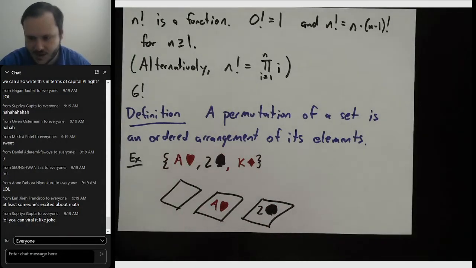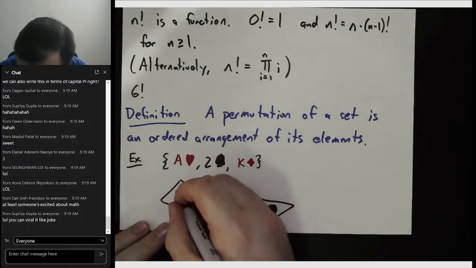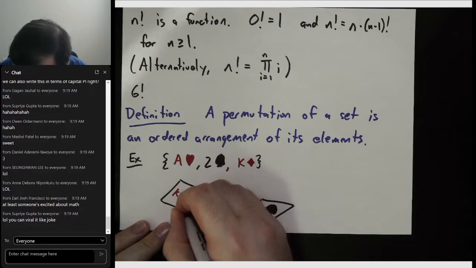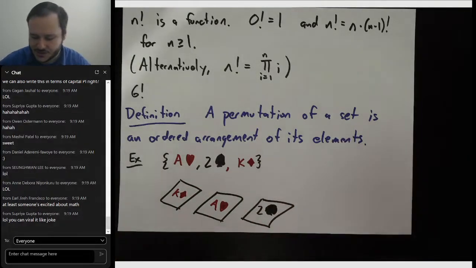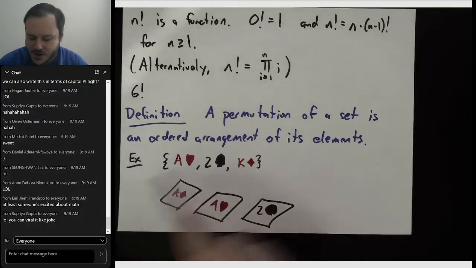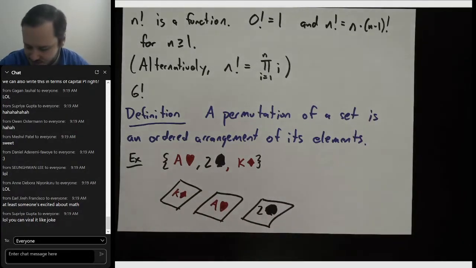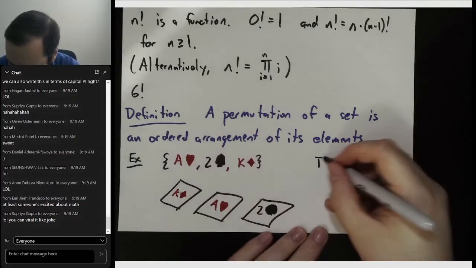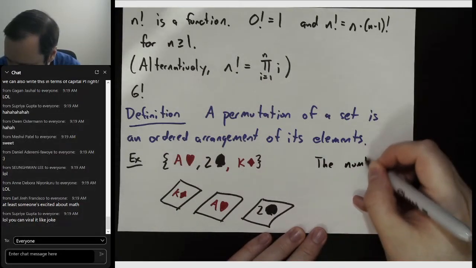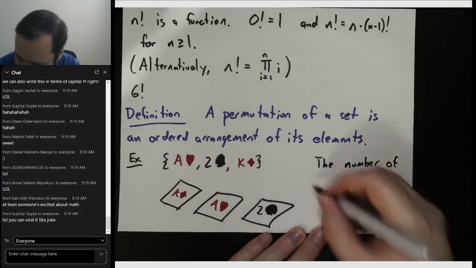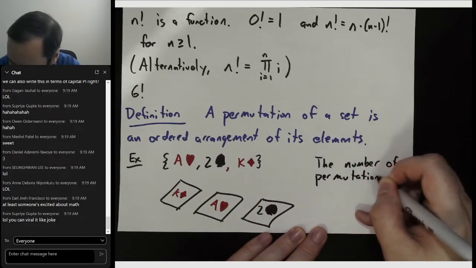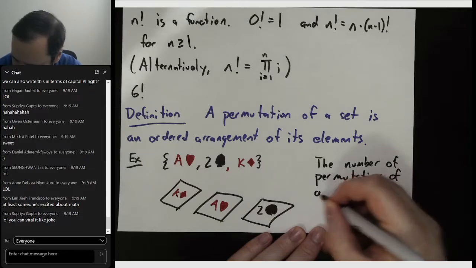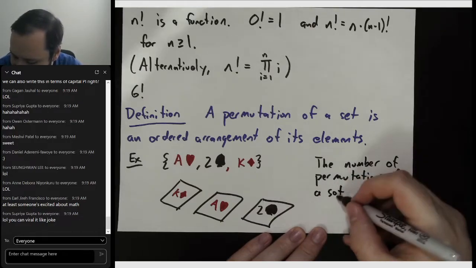King of Diamonds on top. Right, so specific ordering. And the number of permutations of a set with n elements is n factorial.